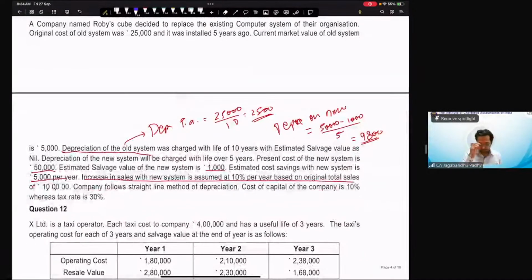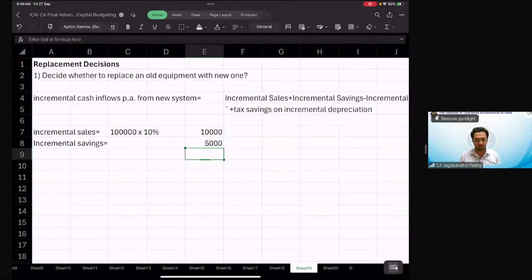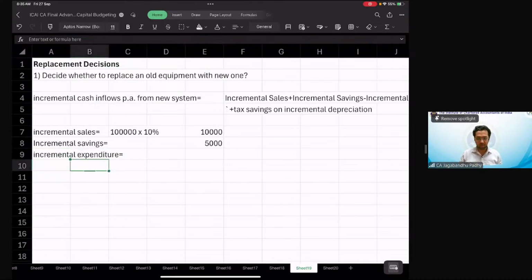Yes. Estimated cost savings with the new system is 5,000 per year. So that's 5,000 for us, correct? Are there any incremental expenditure that we need to do in this project? Any incremental expenditure? No.